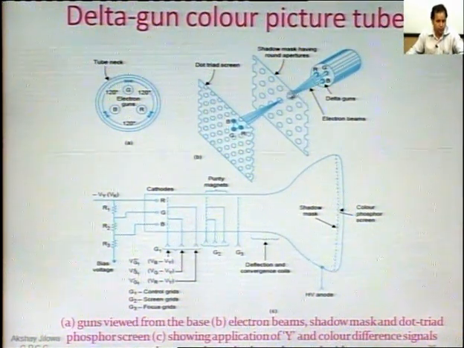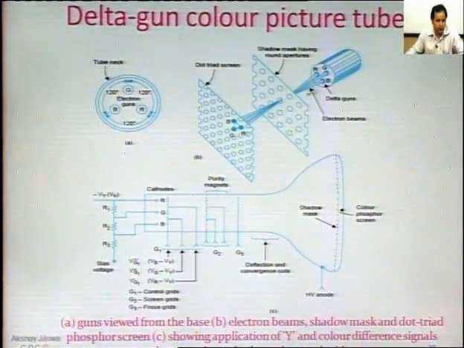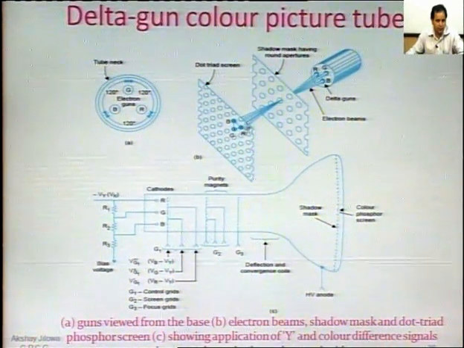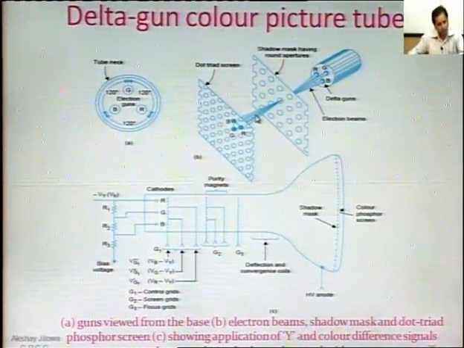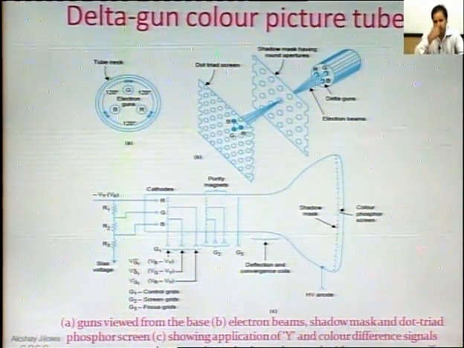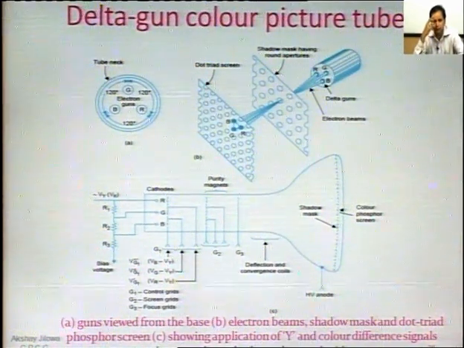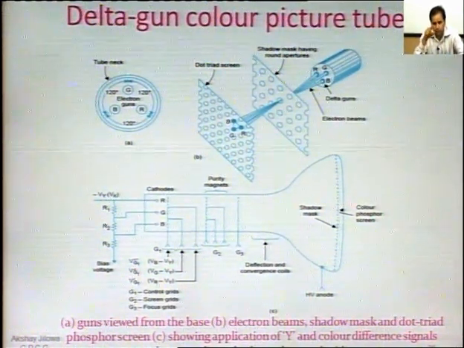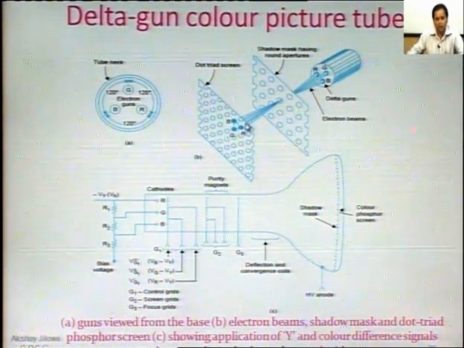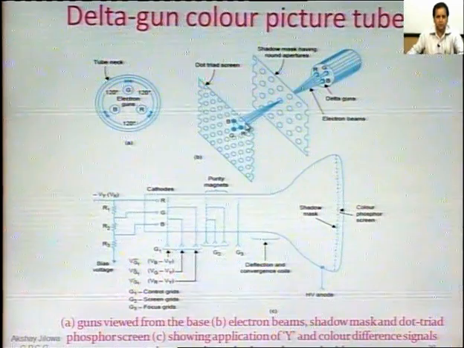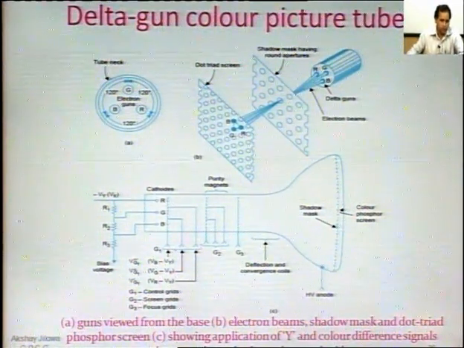You can see the green strikes the green, blue strikes the blue and red strikes the red, and we see the scene from a distance. So we see the color as the resultant of these three colors. These three colors are mixed, and what we see is the mixture, which is the resultant color.